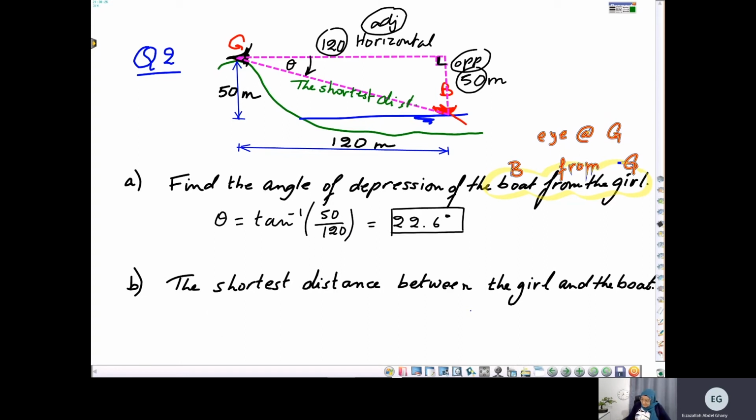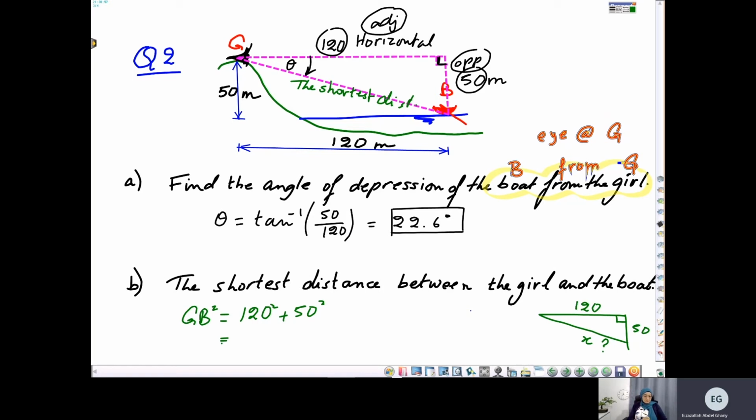Okay? I advise that we better extract the triangle and we write all information you know, like 120, like 50, like x, and this is the hypotenuse. So you'll write x, which is GB squared, is equal to 120 squared plus 50 squared. Remember, Pythagoras theorem states that the square of the hypotenuse equals the sum of the squares of the two shorter sides.